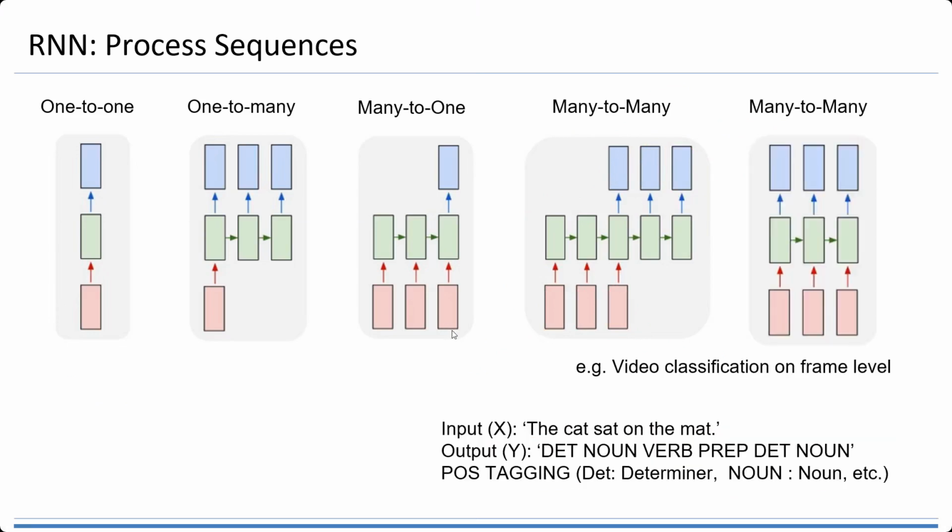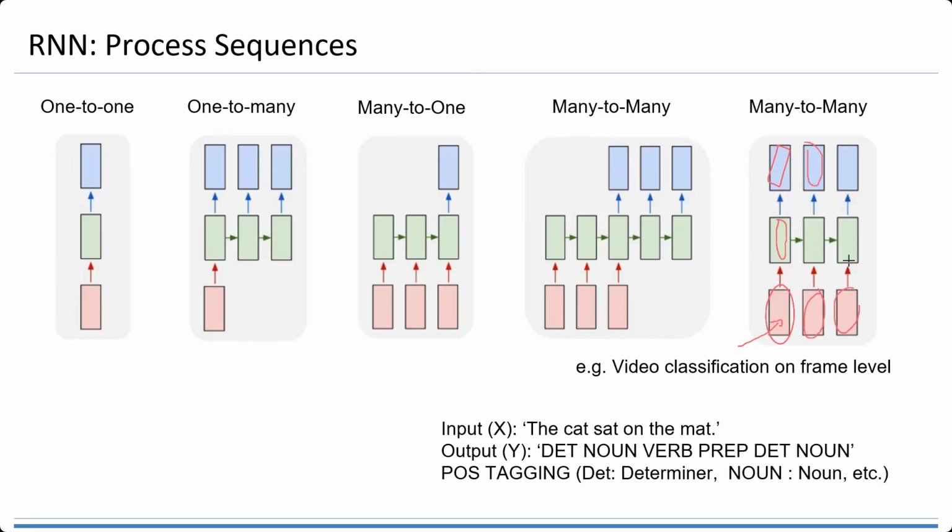And the other variant we can have is many to many, something like this. It means once I give one input into the function, there should be an output.